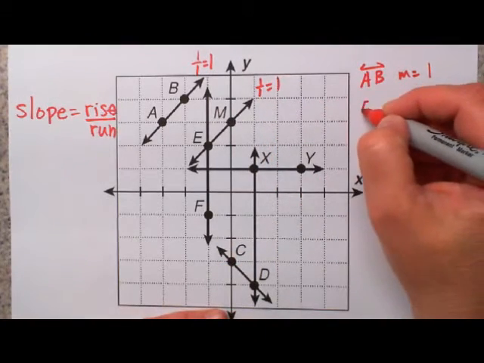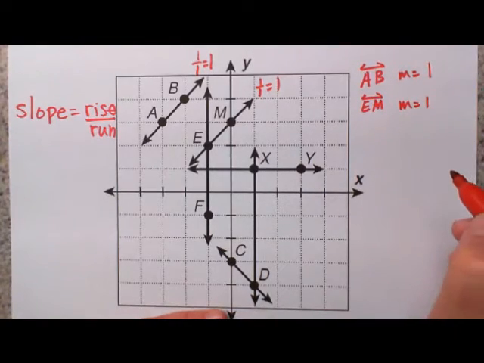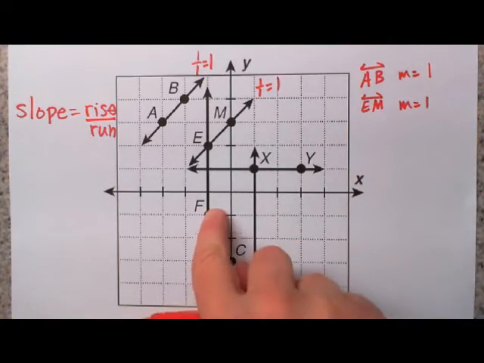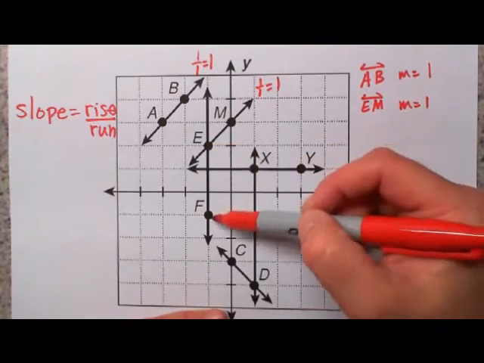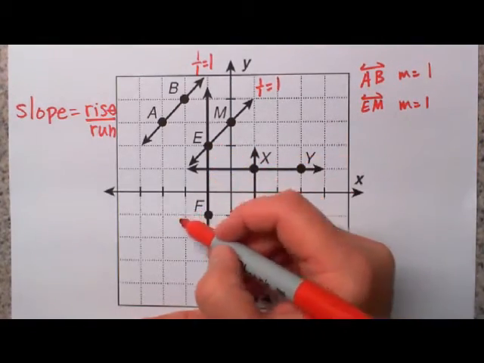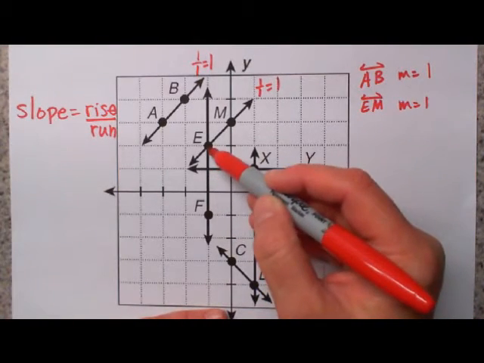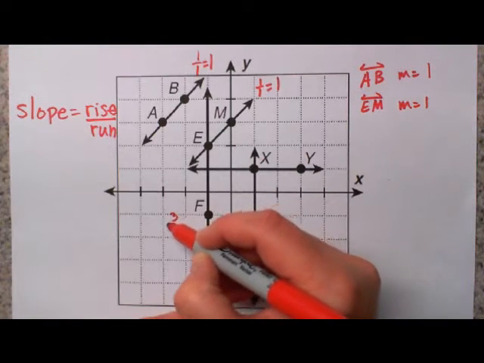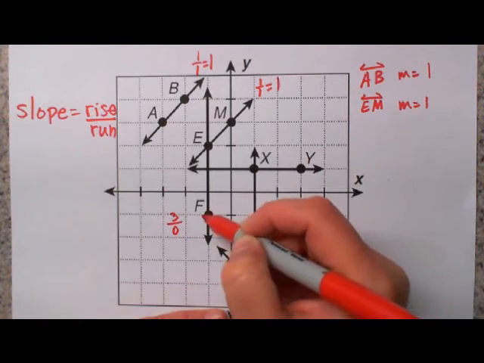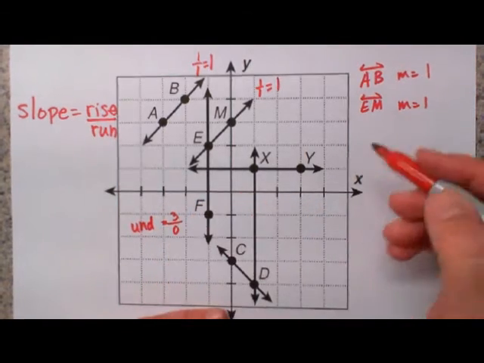So line EM has a slope of 1. Let's look at line EF. Line EF, see, that's a vertical line. That's a change of 1, 2, 3 in the y direction over no change in the x direction. So our slope is undefined.